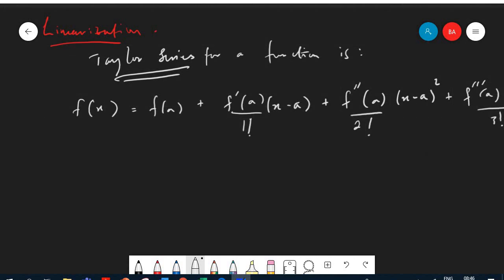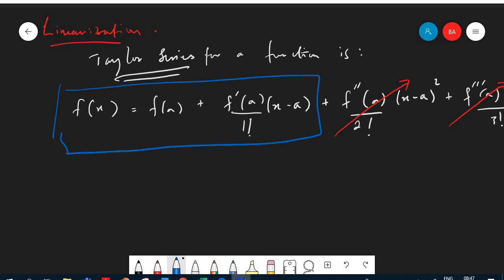As we are talking about linearization, that means we are going to cancel all the higher order terms, the higher order terms that represent nonlinear terms. The only linear terms that we have here are the first two terms.